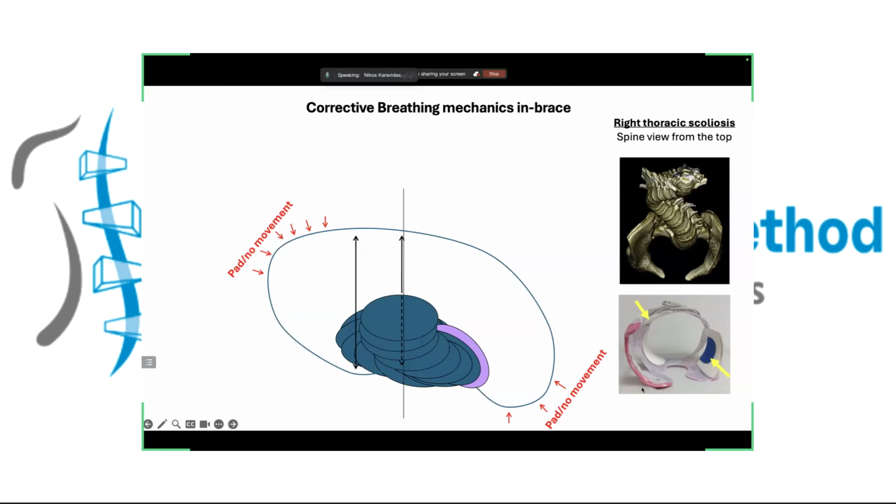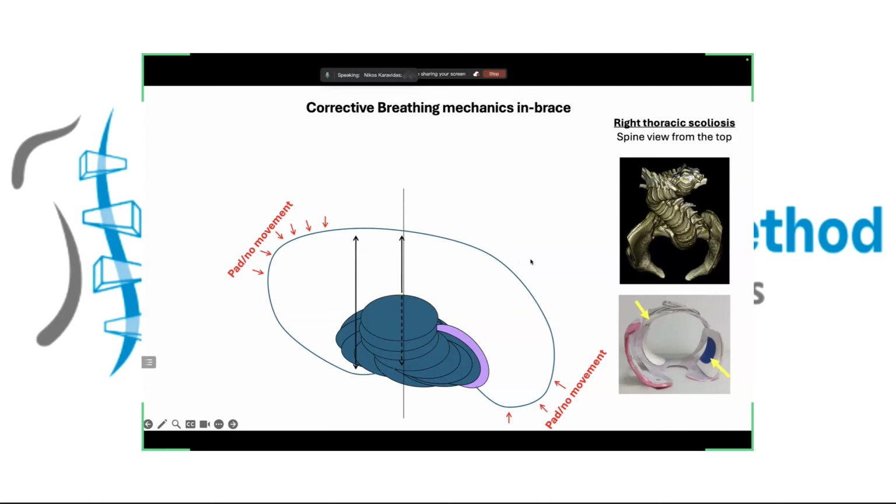So these areas in the brace, they have full contact, and there is no chance to get an expansion during breathing in the brace. This means that we create in the brace some expansion rooms, so on the thoracic concavity and on the area in front of the thoracic hump, we call it ventral flat zone.